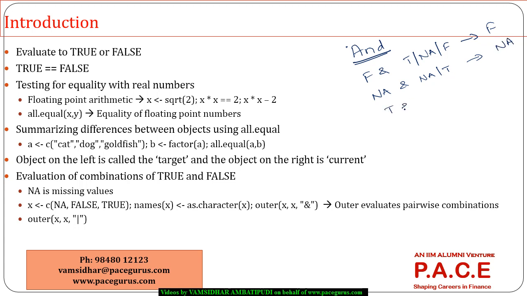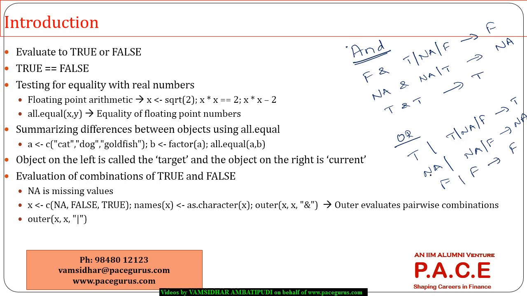But if true is combined with true, then only the outcome is true. Whereas in the case of OR, true with any of them, true or NA or false, all of them work out to true. And NA, if it is operating with NA or false, you get NA. And finally false, if it is operating with false, then the outcome is false.